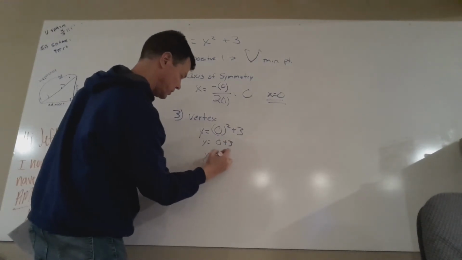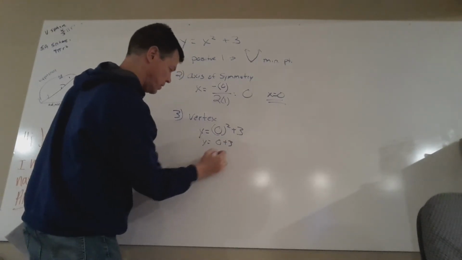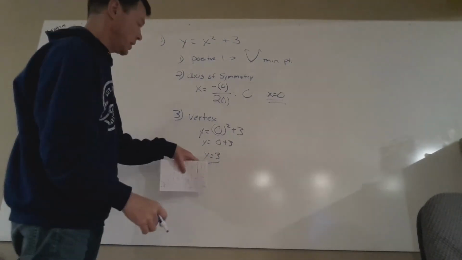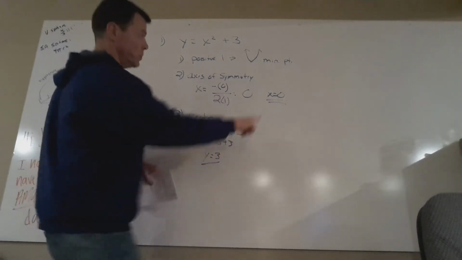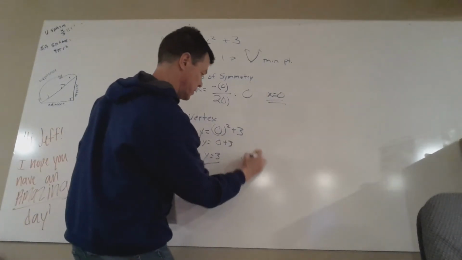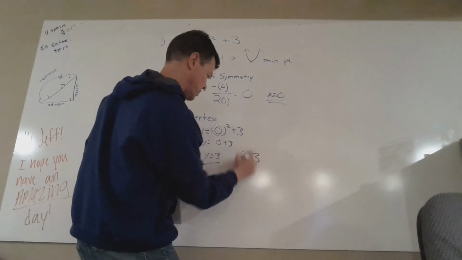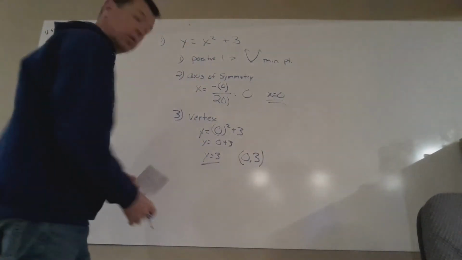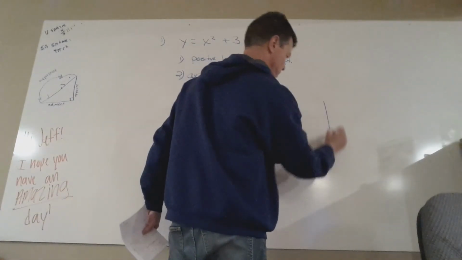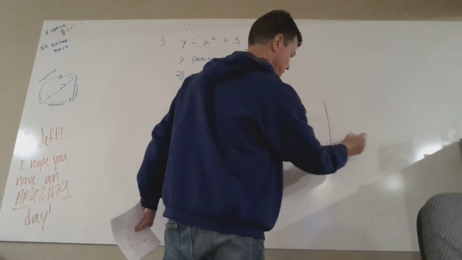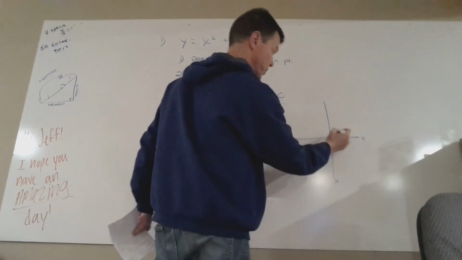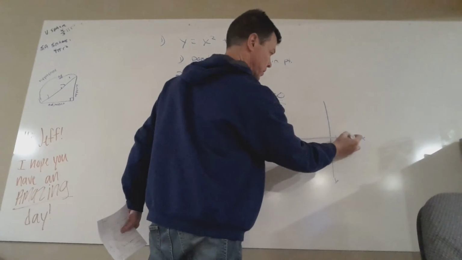Y equals 3. So the vertex is going to be x equals 0, y equals 3, and it would be at this point. Okay, graph this. Just a basic graph. We are not going to get extremely tied up in what the graph looks like.